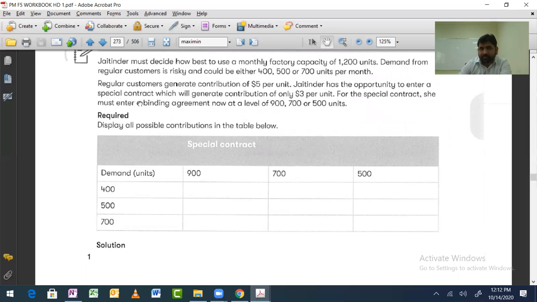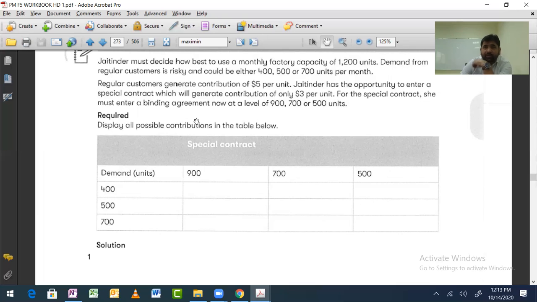It can be anything. A regular customer generates a contribution of $5 per unit. Now Jatinder has the opportunity to enter a special contract which will generate contributions of only 3 per unit. So generally we go for 5, we earn 5, but now we'll be getting only 3.